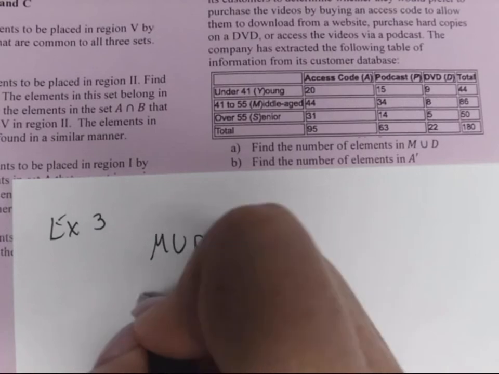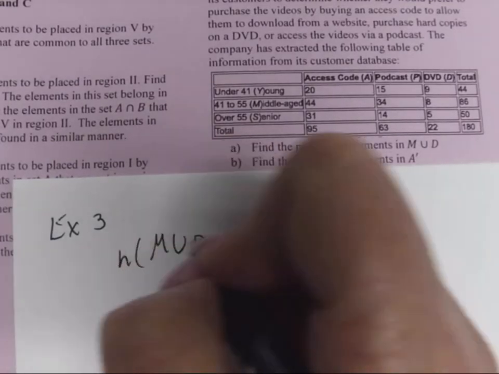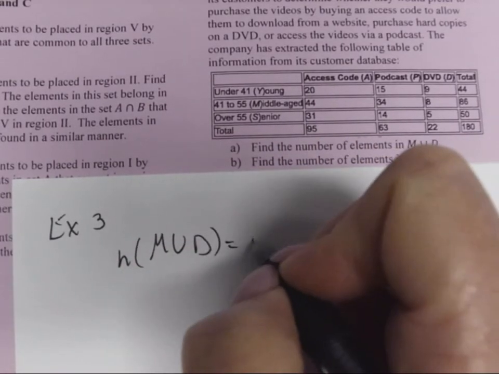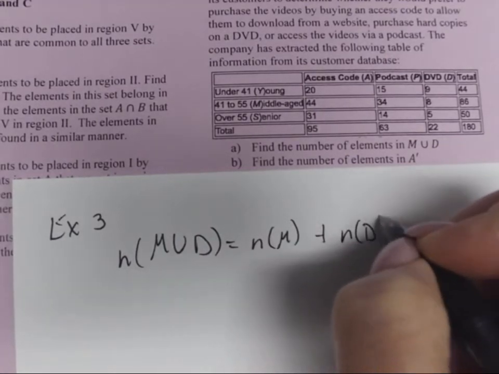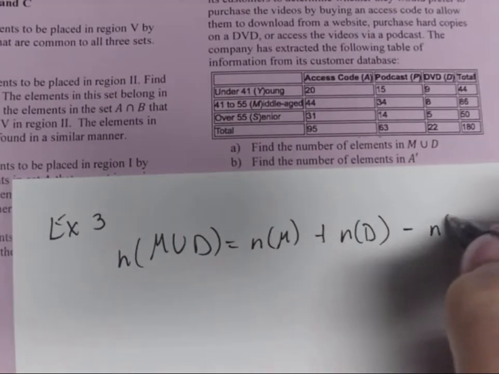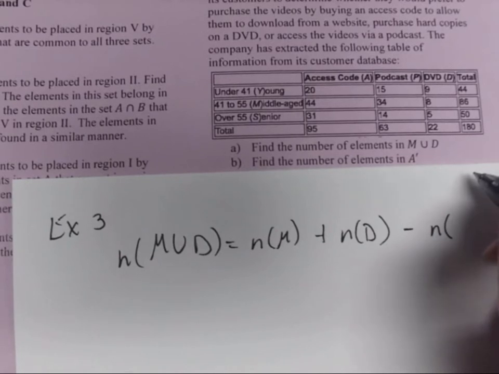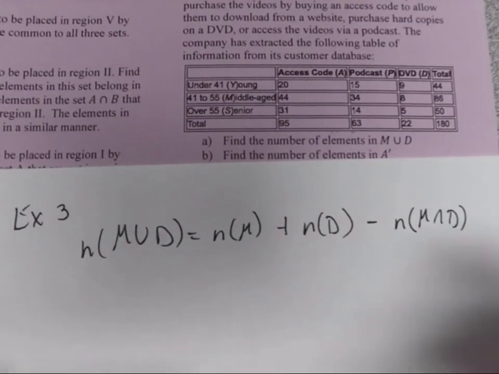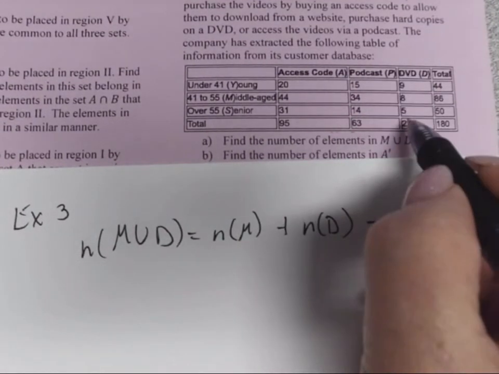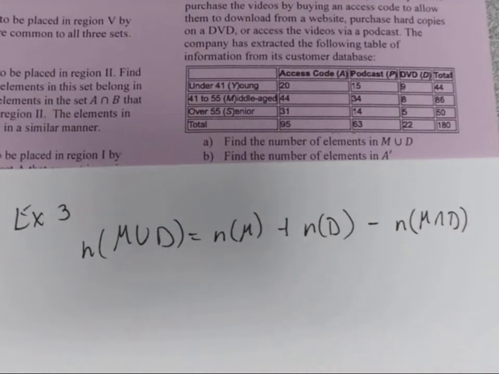So the number of that is going to be equal to the number of the middle-aged plus the number of the DVDs minus the number of the intersection, because it will get counted twice. If we don't subtract that out, if we took both column and row, it would subtract that out.